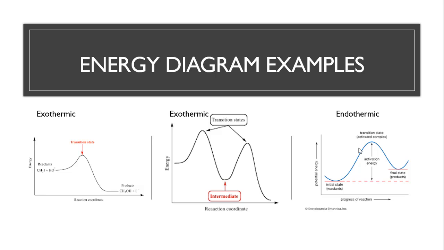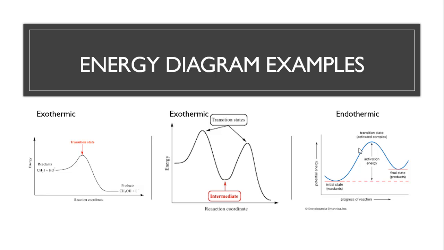Here we're shown a few examples of energy diagrams. The first example is an exothermic energy diagram, and we can tell this because the products, which are on the left, are at a lower energy level than the reactants, and here we see that the energy level is the y-axis and the reaction coordinate is the x-axis.